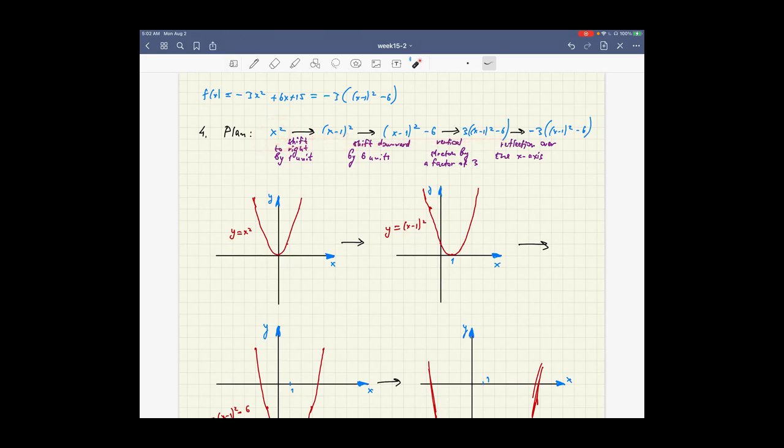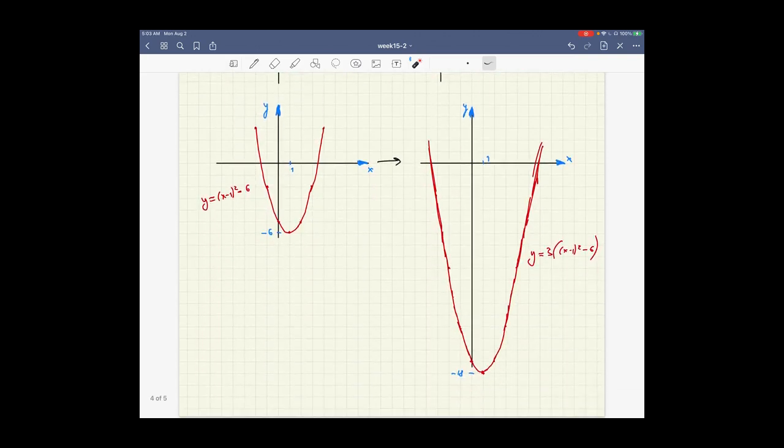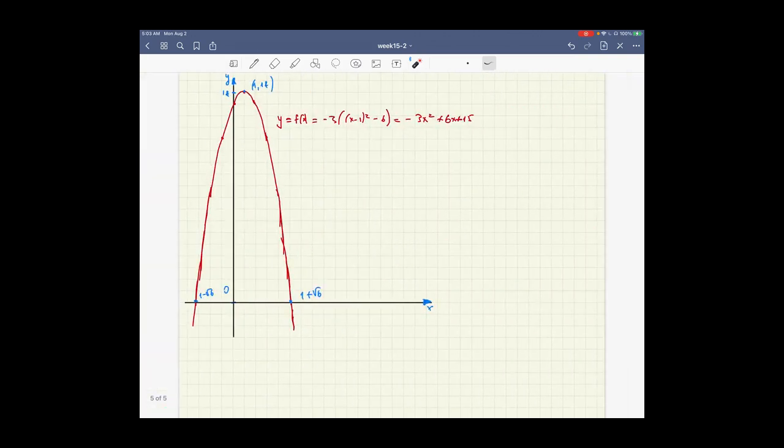First a horizontal shift, then a vertical shift, then a vertical stretch, which applied to both the graph itself and its previous vertical shift. So when you distribute 3 here, you're really shifting not by 6 eventually, but by 18. And then the negative in front of 3 resulted in a reflection over the x-axis. So here is the final graph. This problem is now over.